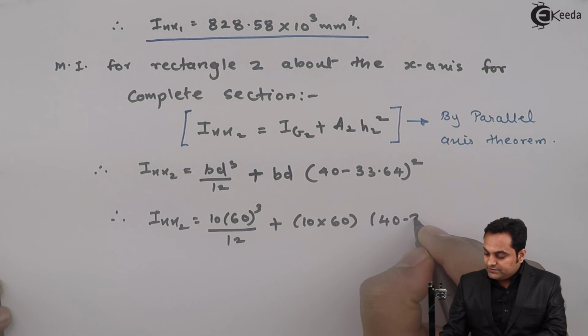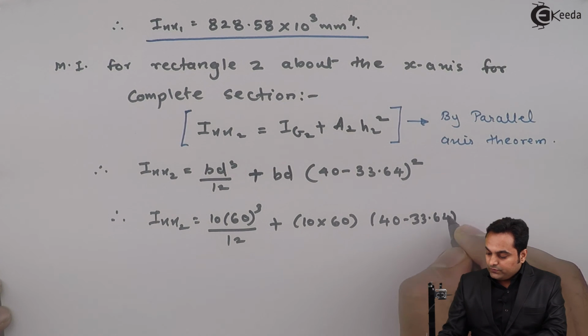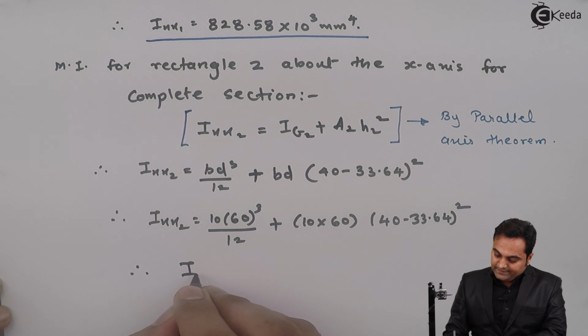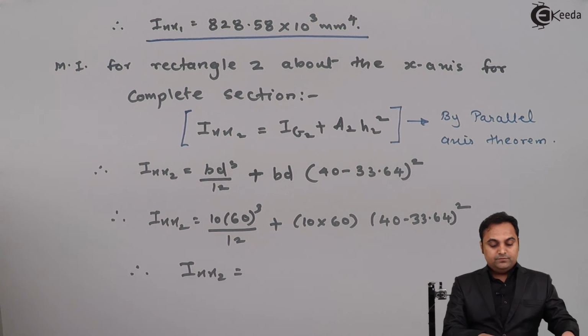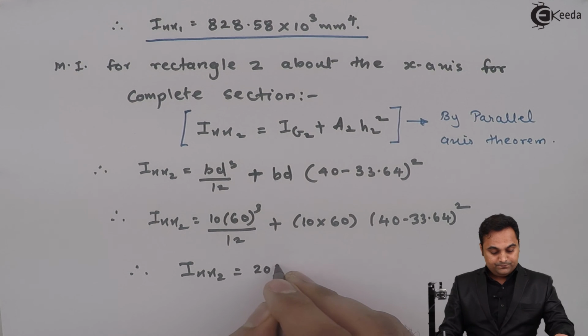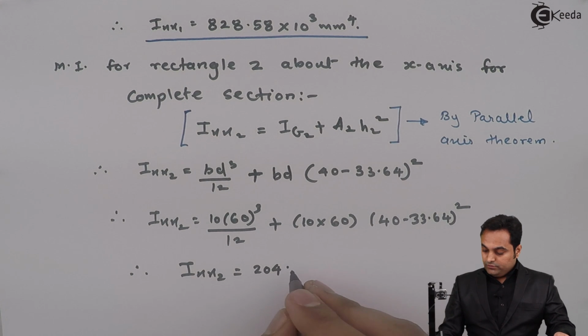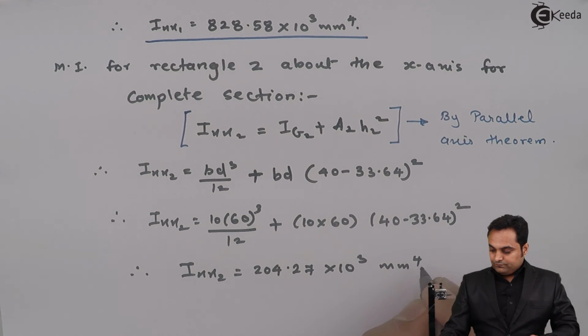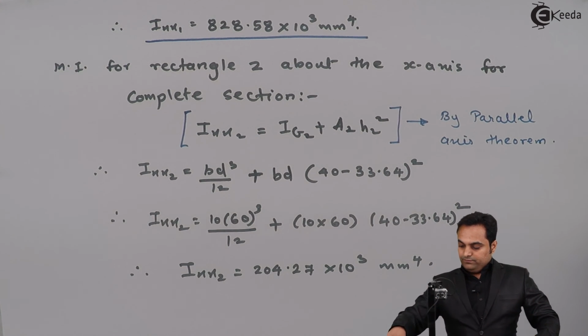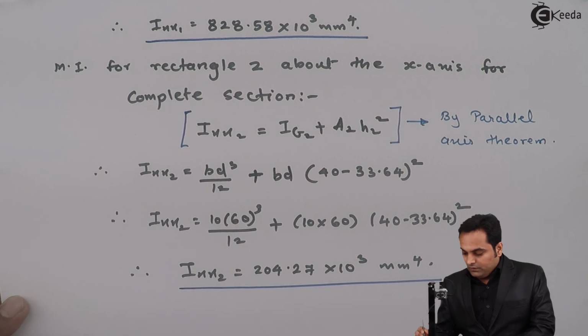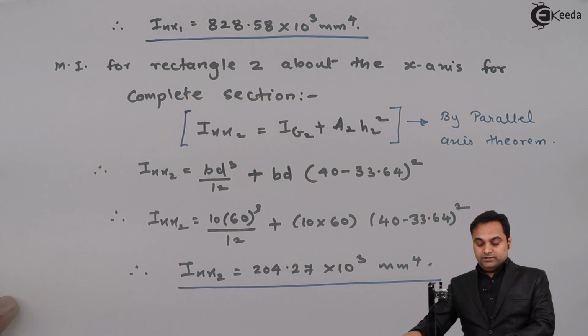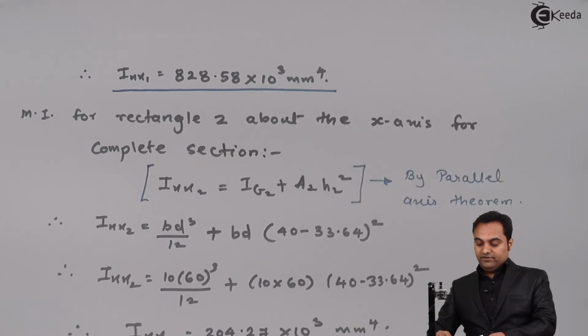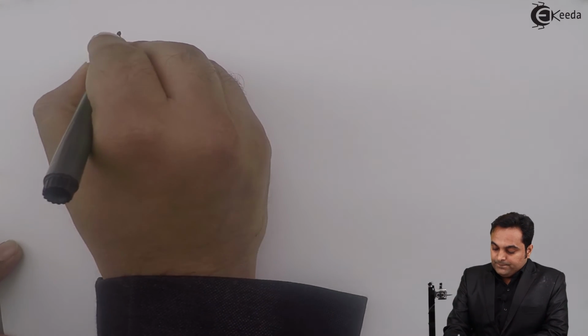This is 40 minus 33.64 whole square. So Ixx2, this value comes out to be the answer which I have, that it is 204.27 into 10 raised to 3 mm raised to 4. So this is Ixx2.